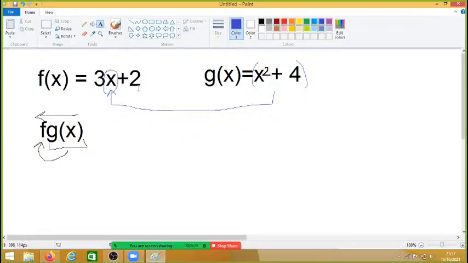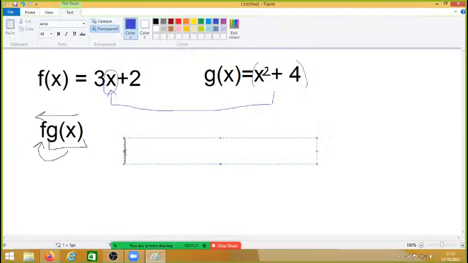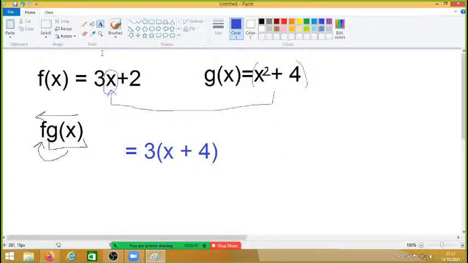So let's try that. Let's put all of this, x squared plus 4, into this bit here. So I'd have f of g of x equals 3 would come, and then instead of x, I'd have the x squared plus 4. And then I'd have the plus 2.